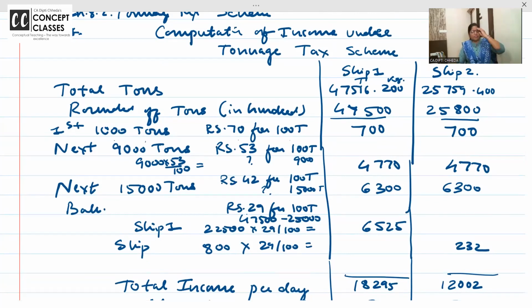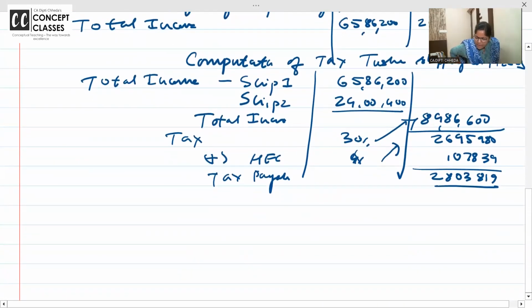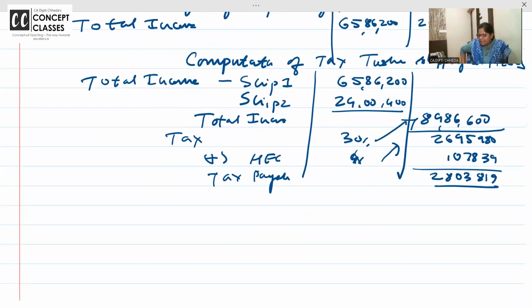Then for the first 1,000 tons, 70. Next 9,000 at 53. Next 15,000 at 42. And balance at 29. This 70, 53, 42 and 29 is not the income per ton; this is the income for 100 tons. Throughout the year, this is the income per ship per day, multiplied by the number of days you have worked, and this is the total income of the ship. They have to pay tax at the rate of 30%. Surcharge would come if the income exceeds 1 crore. Easy.